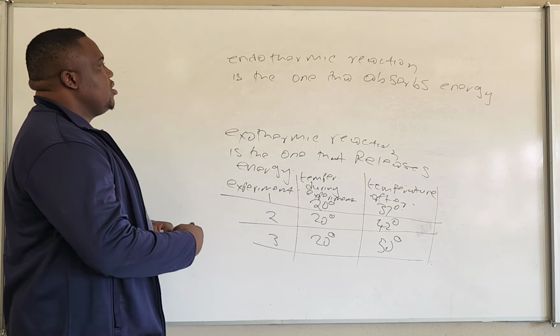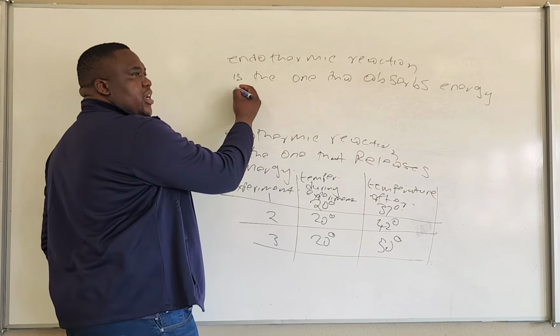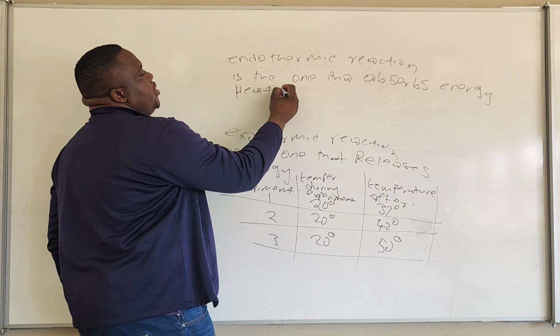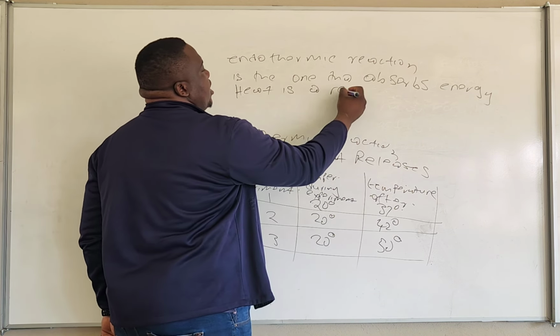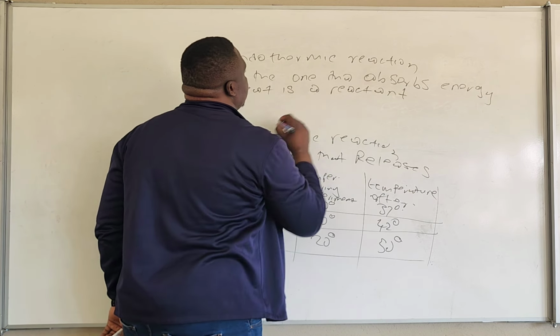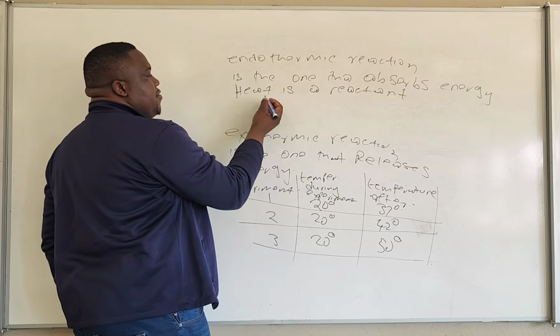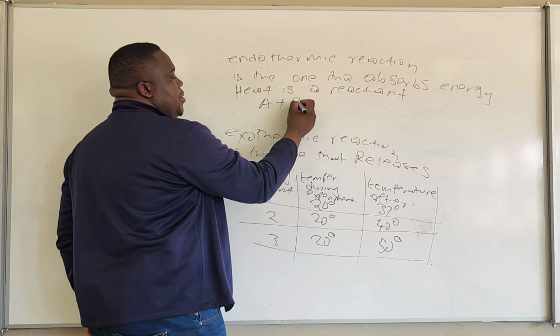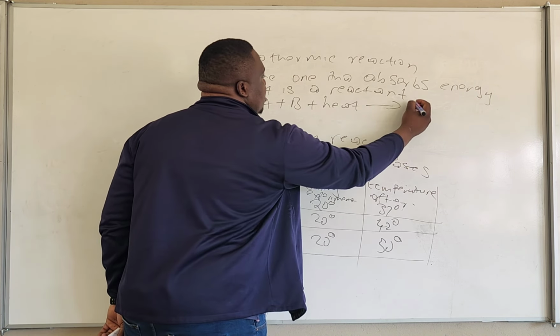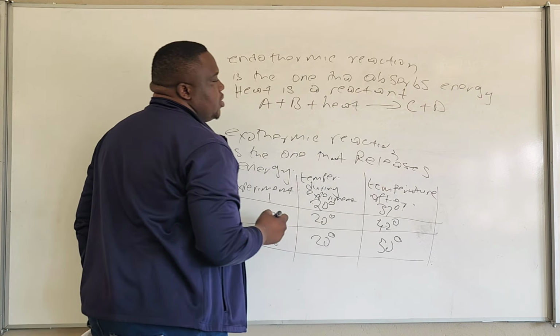We can even say that for an endothermic reaction, heat is a reactant. Yes, it's a reactant. It means if we have A plus B, we must also add what? Heat, and we produce what? C plus D. You see?